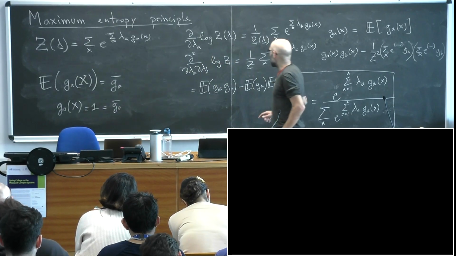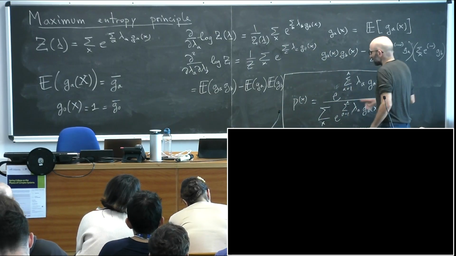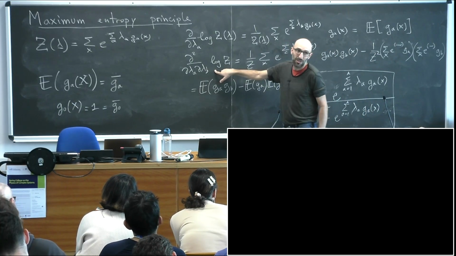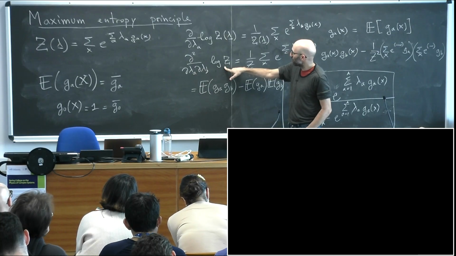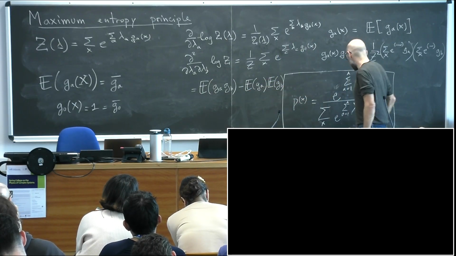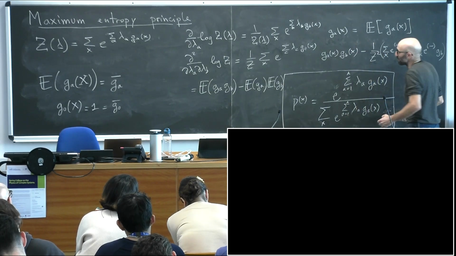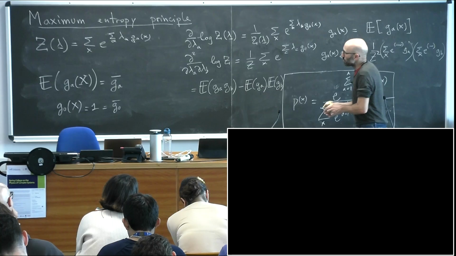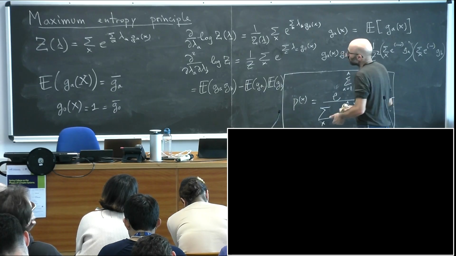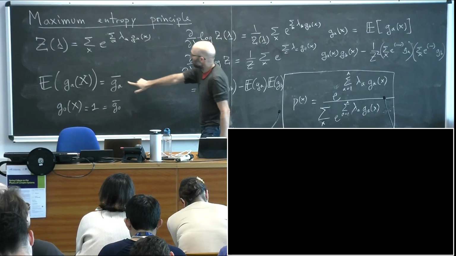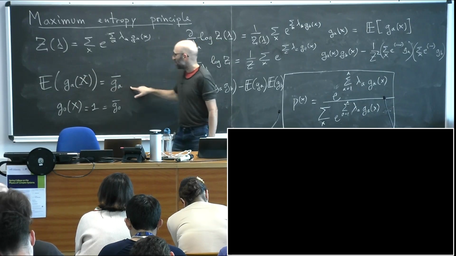Now, the fact that the matrix of the second derivatives of the logarithm of Z is the matrix of the covariances has one important implication, which is the following. In order to find the lambda, we would like to solve these equations, right?